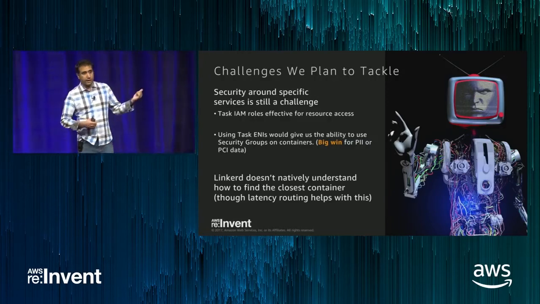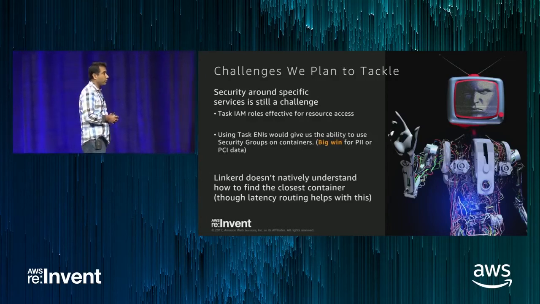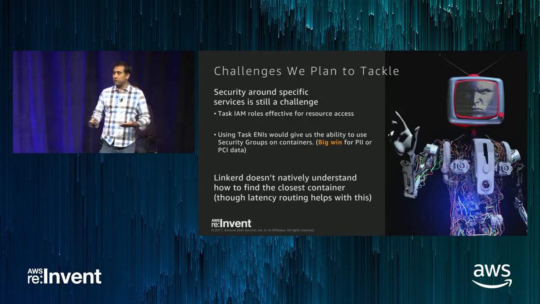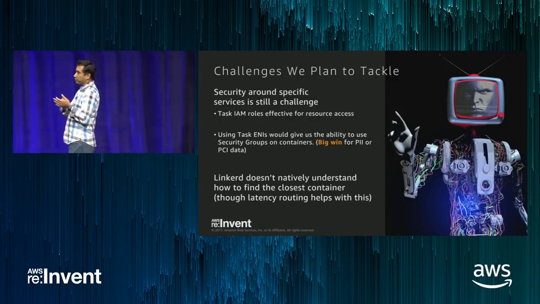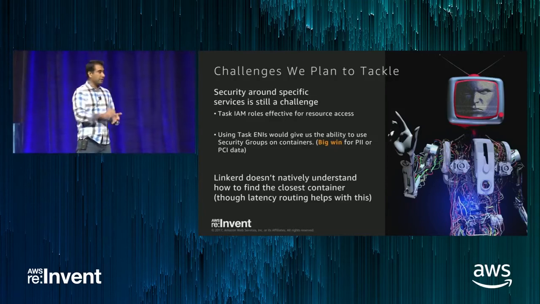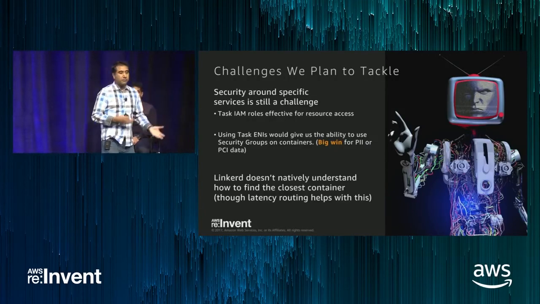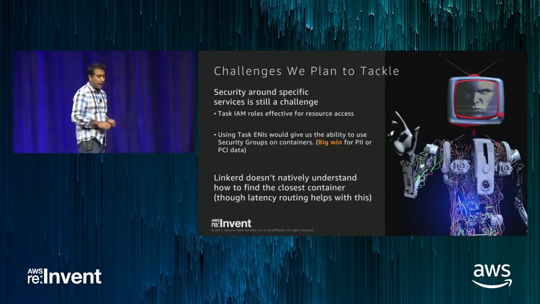So as Deepak talked about, task ENIs are a big win potentially for PCI or PII data, especially if you're under compliance regulations, because half the time, most people know it's a check the box. Are you doing this? Do you have an ACL? No. Well, then that doesn't work, so being able to have that definitely helps.